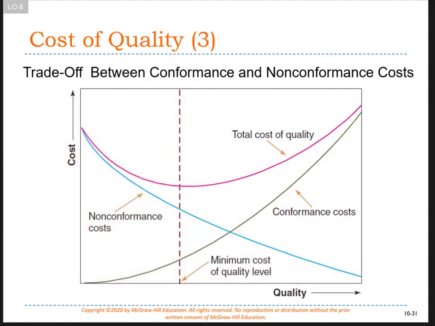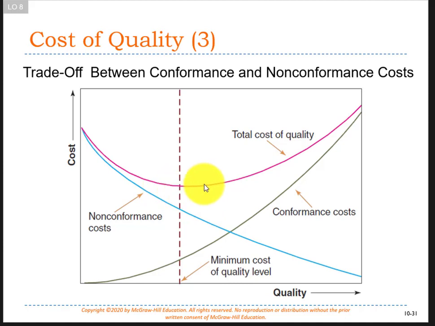So what you want to do is, if you have a total cost, okay, as you do more things to conform, more inspections, more ability to get things right, your external costs, your internal failure costs should go down, right? And the cost to conform should go up. So there's this kind of sweet spot where the total cost is the best, right?